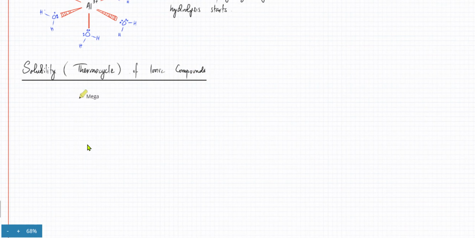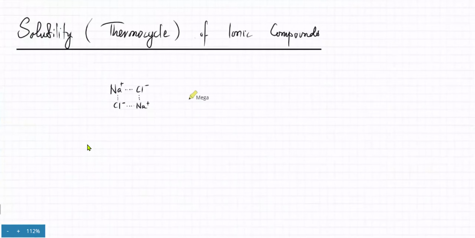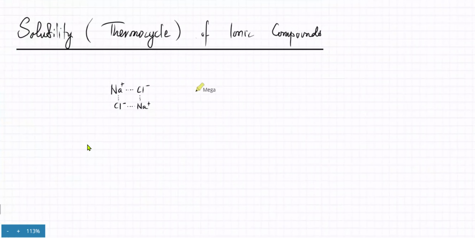If you want to dissolve an ionic compound, Na+ is attracted to Cl-, and that Cl- is again attracted to Na+, which is then attracted to Cl-. So think of this as a tiny crystal of NaCl.